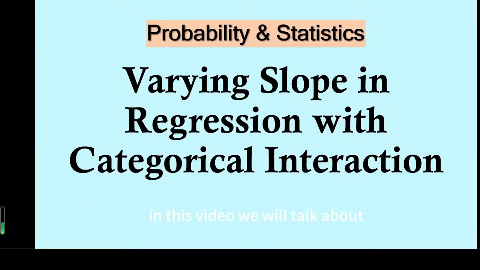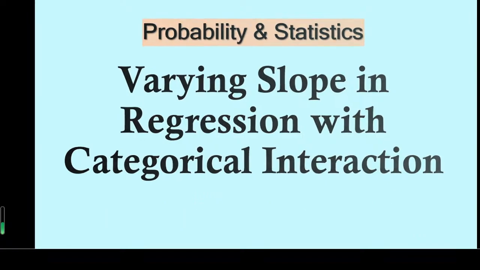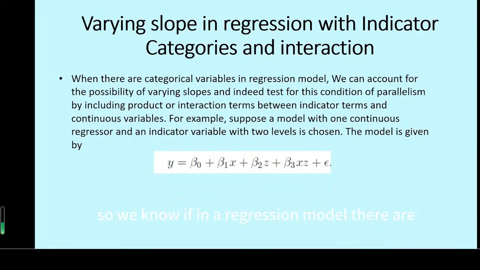In this video, we will talk about varying slope in regression with a categorical interaction. So we know if in a regression model there are categorical variables, or say dummy variables, usually the dummy variable values 1 and 0, or 2 with multiple categories, will have an effect on the intercept of the model.